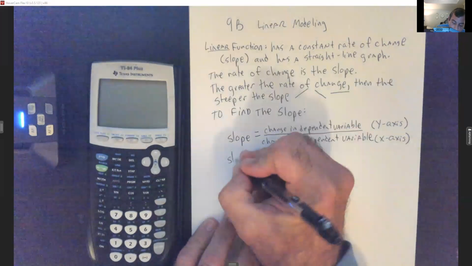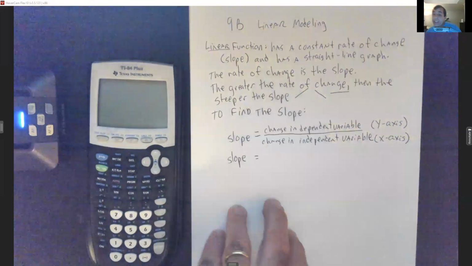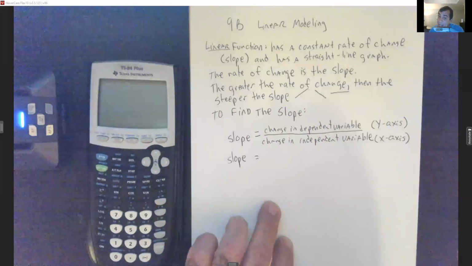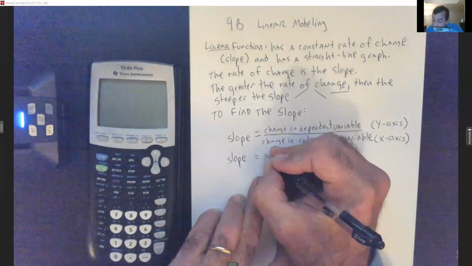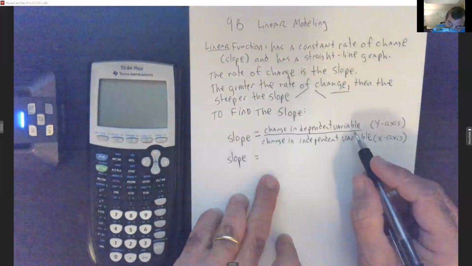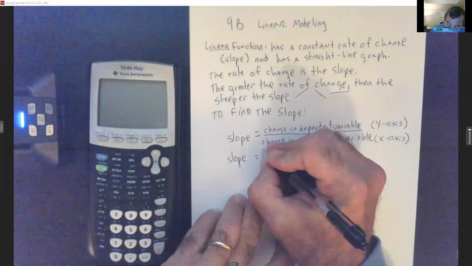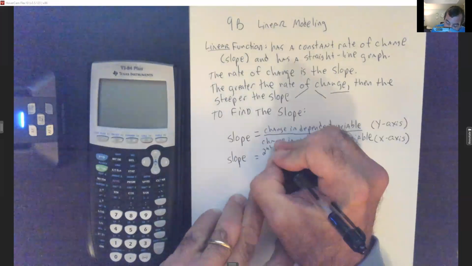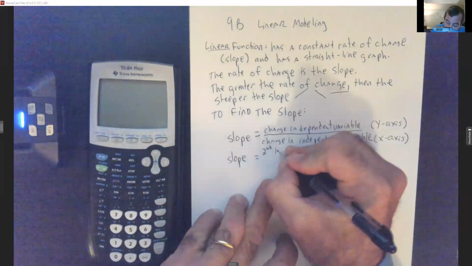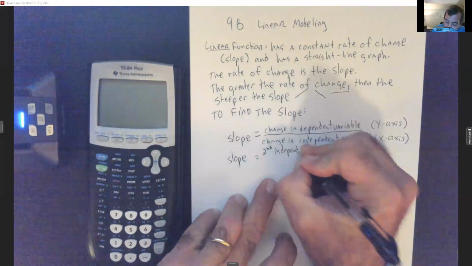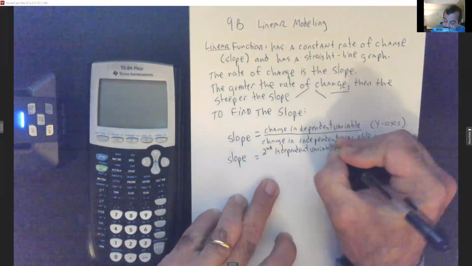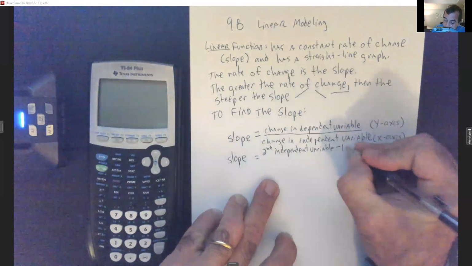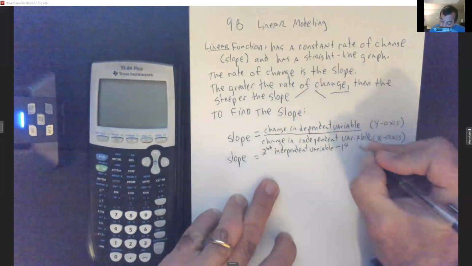So if I was going to actually use 2 points to find my slope, I would take the second dependent variable minus the first dependent variable.